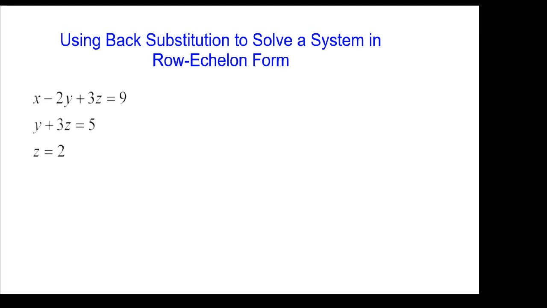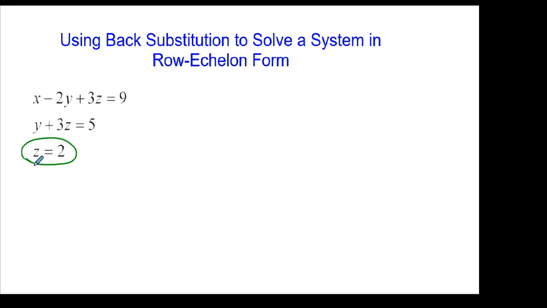And this system is said to be in row echelon form because the variable z has a coefficient of 1 and it's in an equation by itself.